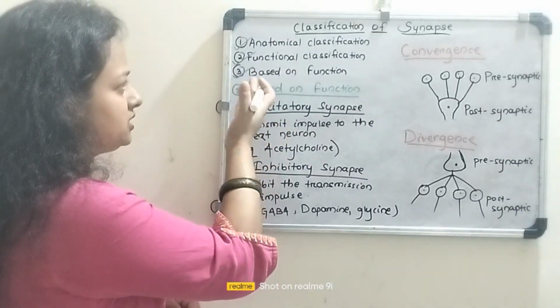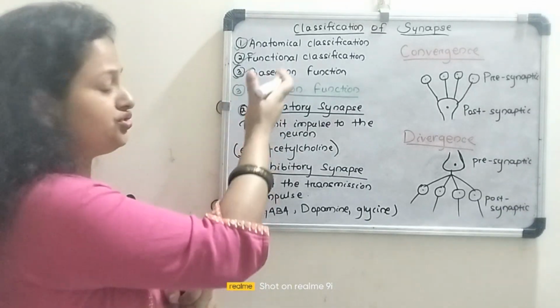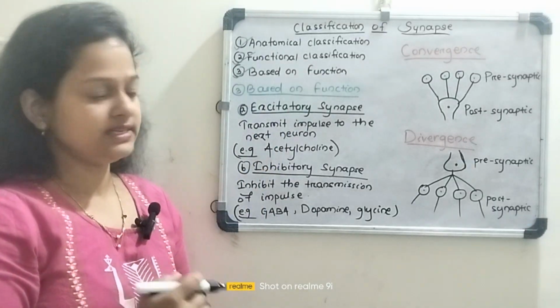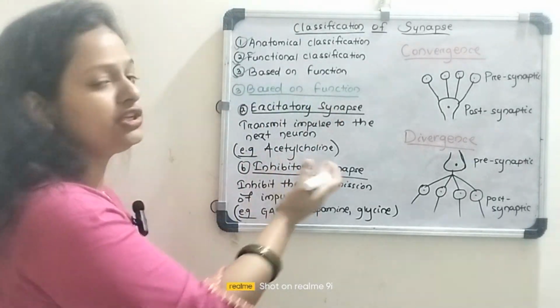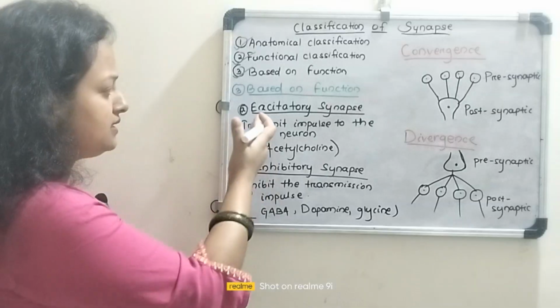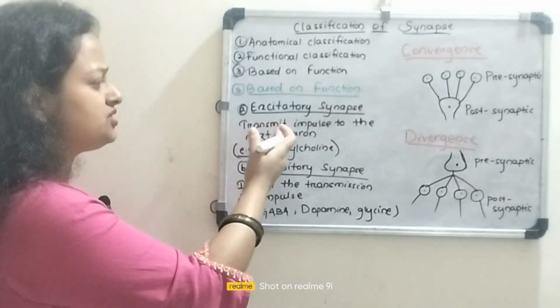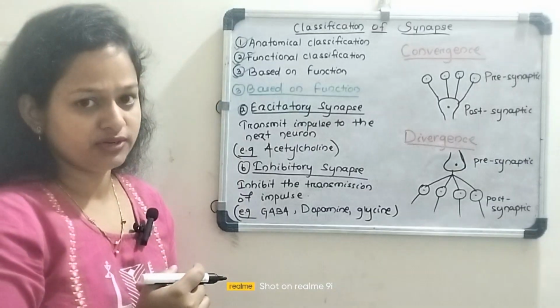Then come to the third type of classification, which is based on the function. Based on the function, the synapse is either an excitatory synapse or an inhibitory synapse. An excitatory synapse permits the transmission of impulse to the next neuron.